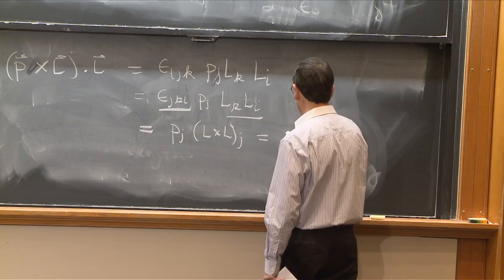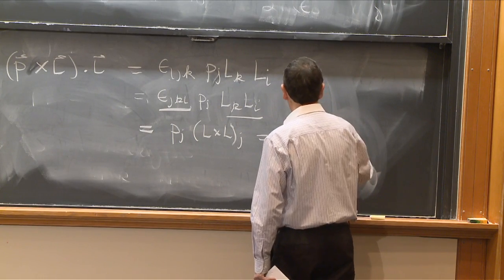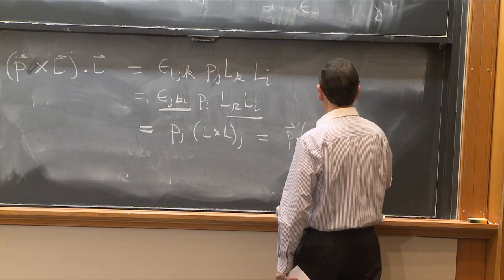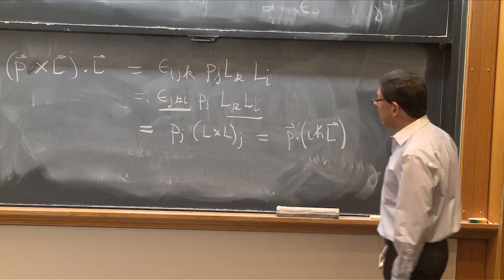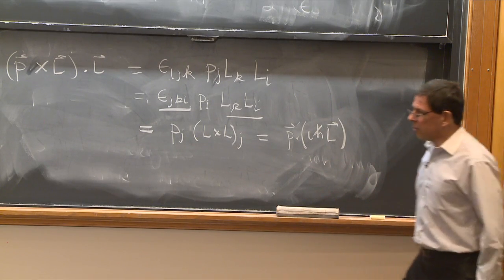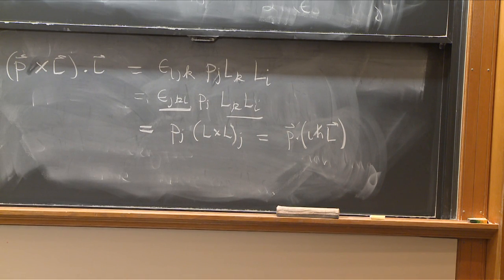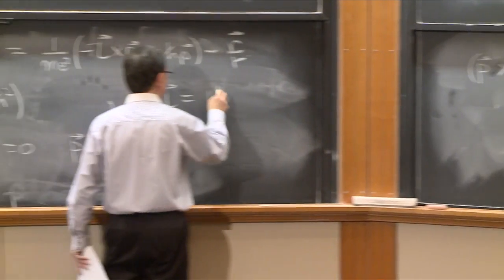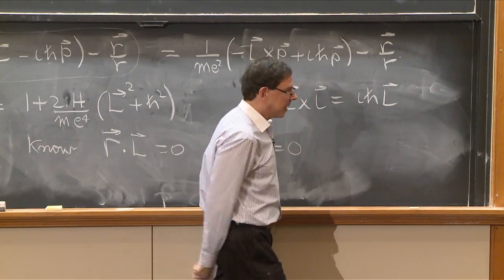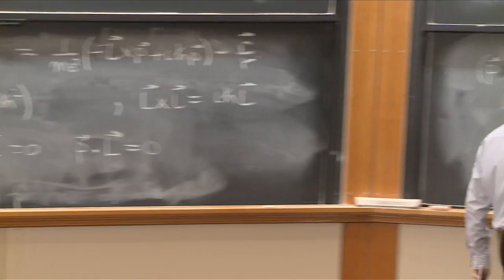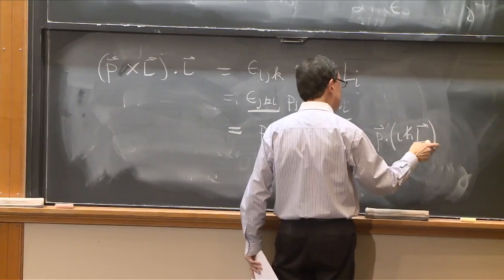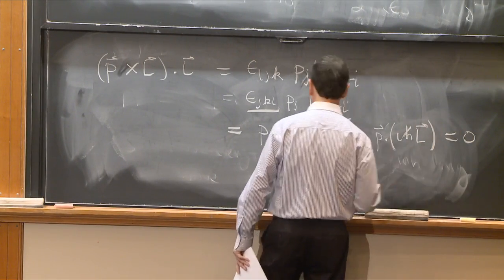You probably remember this is i h bar L. L cross L, that's the commutation relation of angular momentum. In case you don't remember, it was i h bar L. Like that. So now P dot L is anyway 0. So this is 0.